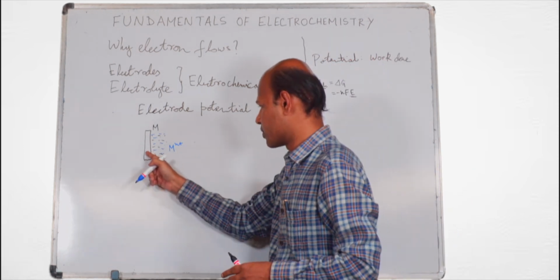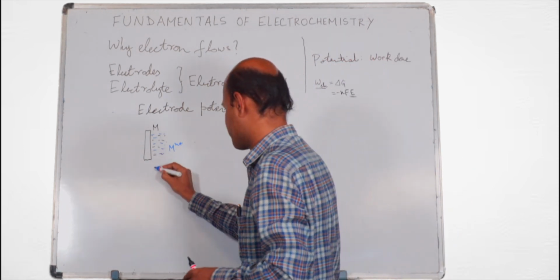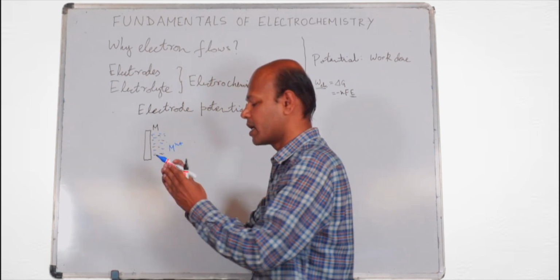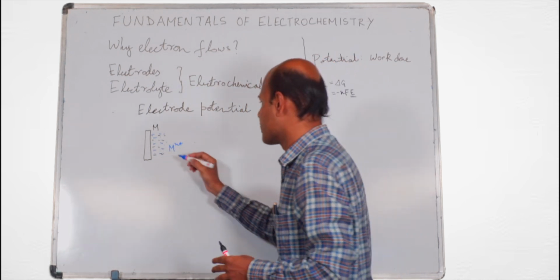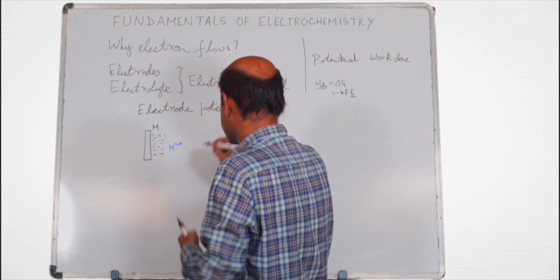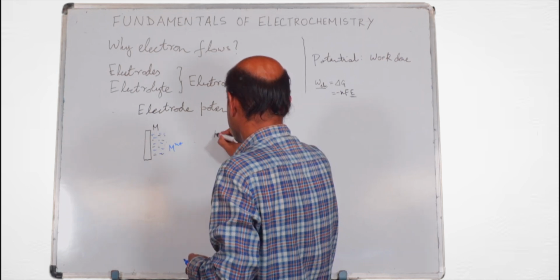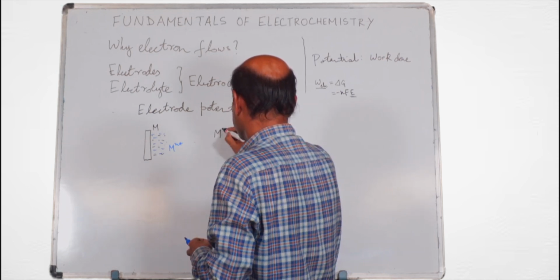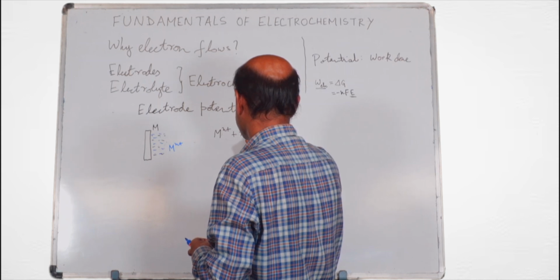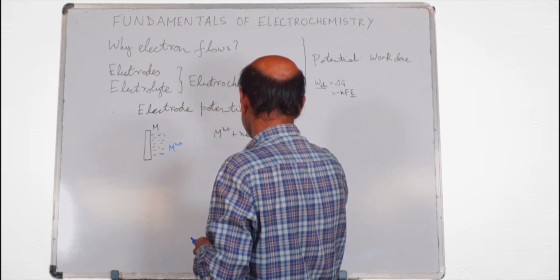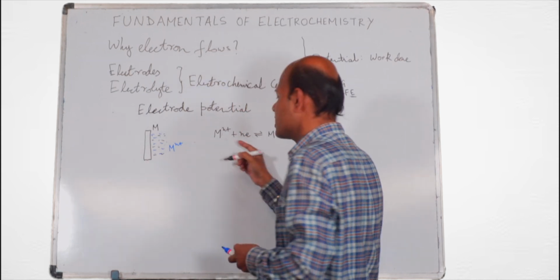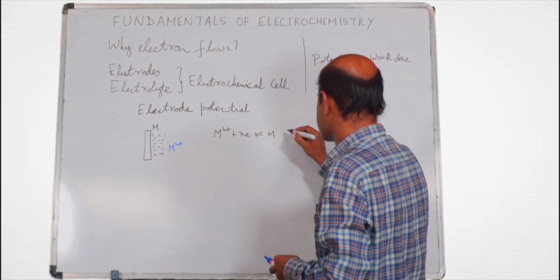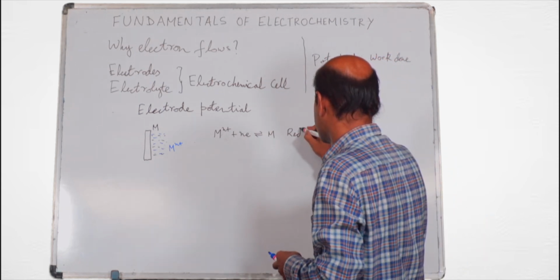So at the electrode electrolyte interface, what is happening? That is electron transfer. Suppose the electrochemical reaction is like this, Mn+ plus ne giving rise to M. So this is a reduction reaction.